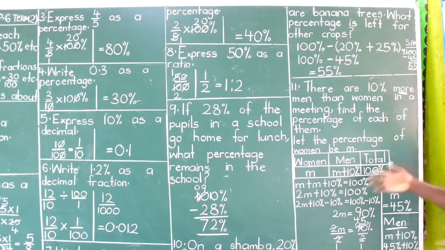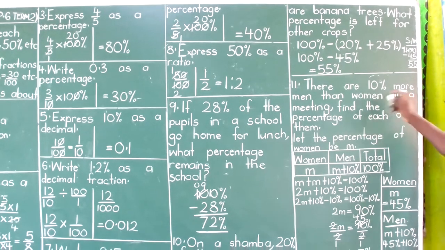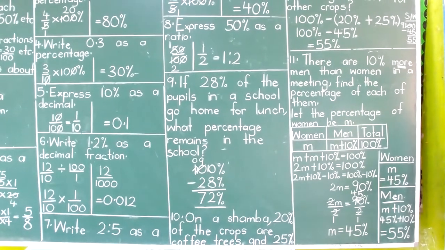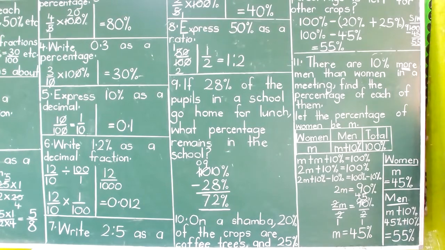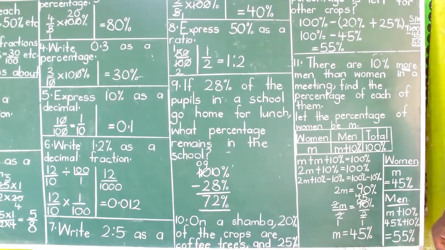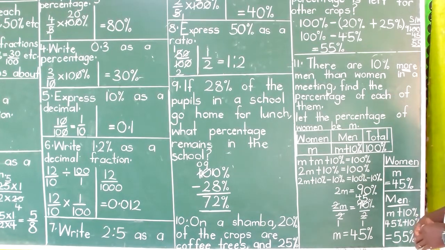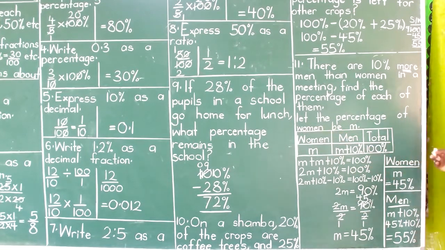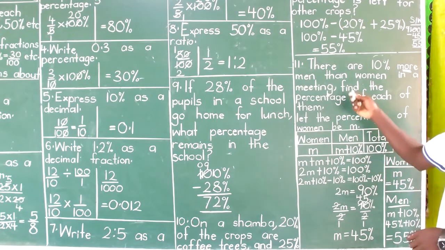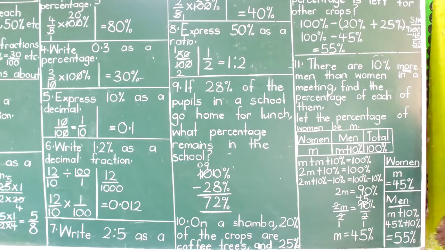This is what's called integration of topics. Since we don't have either the men's or the women's percentage, we bring in algebra.